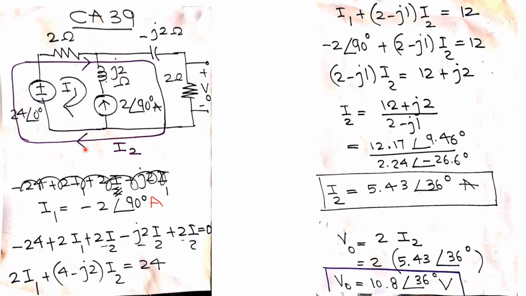For this second loop, loop number 2, we'll write an equation. Let's start from here. Our assumed I2 current enters from the negative side of this 24 volt source, which is a voltage rise, and we'll write it negative, plus through this 2 ohm resistor we have two currents, I1 and I2 flowing, so 2I1 plus 2I2.